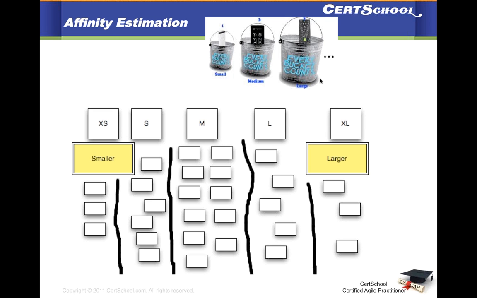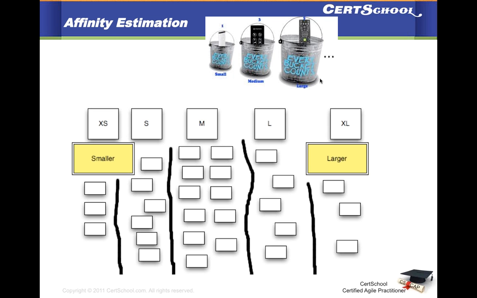There are teams which use 5 levels too: extra small, small, medium, large, extra large. But I always encourage them to use story points, because you can use the same 5 levels with story points, and it's kind of normalized data for you. So you can use 1, 2, 3, 5, 8, those 5 numbers as your standard story point buckets.